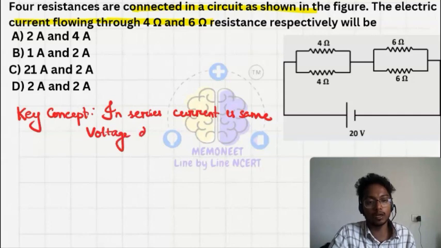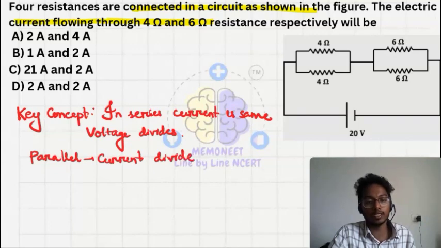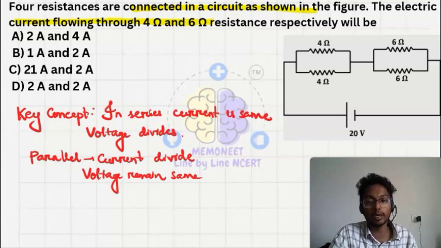Voltage divides. But in parallel, the current divides, and voltage remains the same. So let's see this condition. I have to find out the current here.